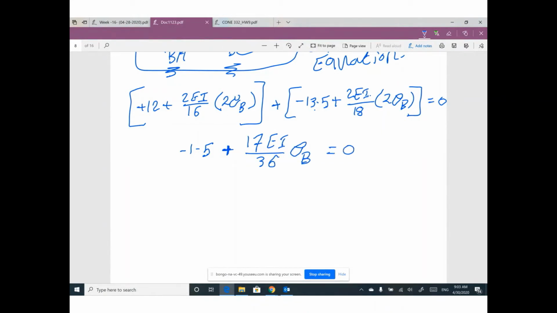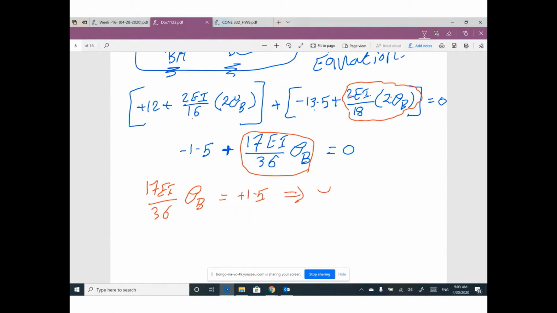I just added this term after I did the multiplication: 2 divided by 18 EI theta B plus 2 times 2 divided by 16 EI theta B. I got this term. So put theta B on one side, it will be 17EI divided by 66 on one side, and everything on the other side will be positive 1.5.